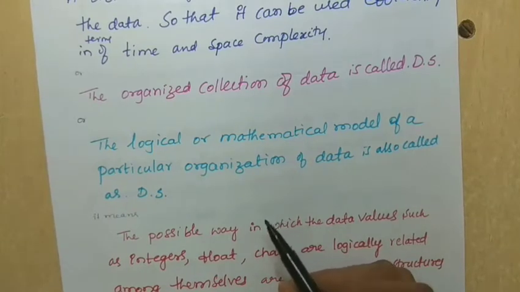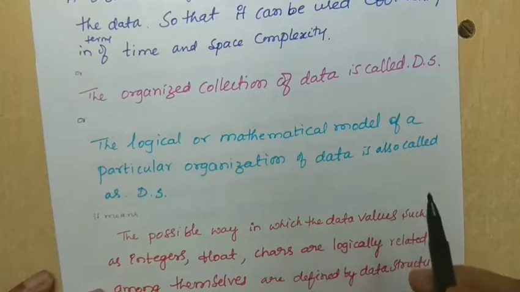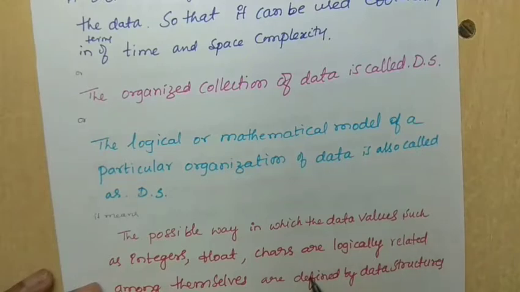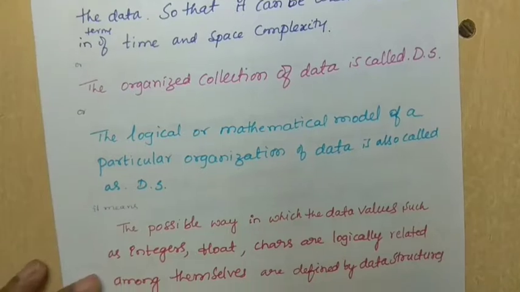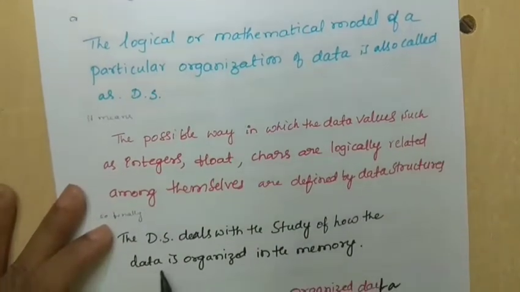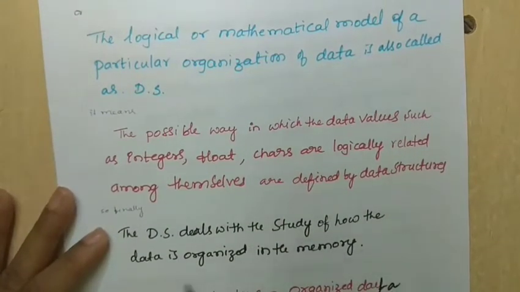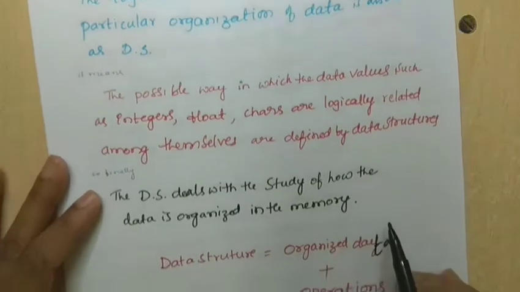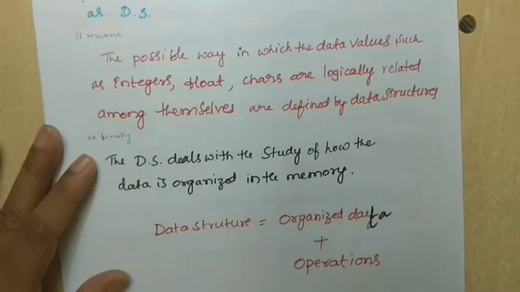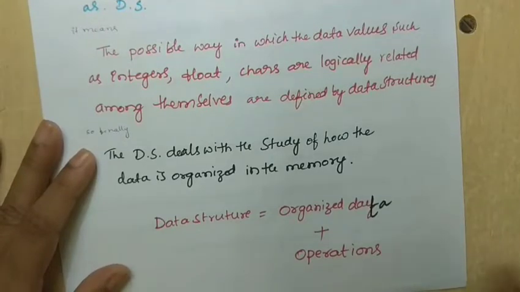How they are stored is defined by the data structure. That's what I said, they are logically related among themselves. Finally, the conclusion is that data structure deals with the study of how data is organized in the memory. Data structure is equal to organized data and operations.